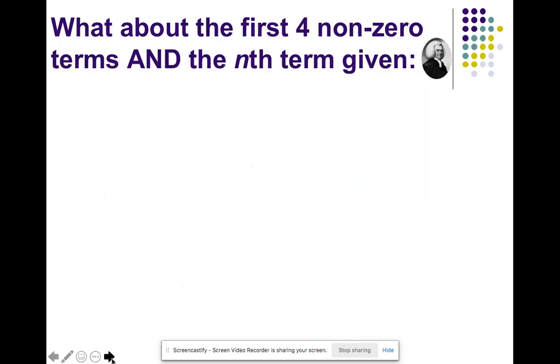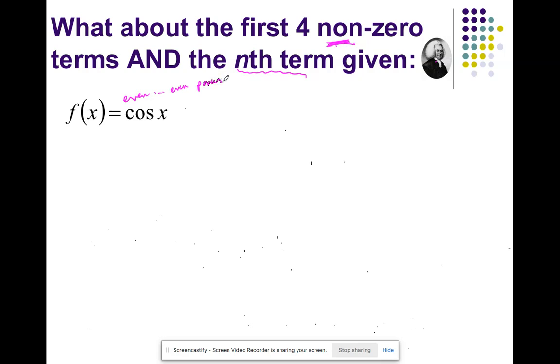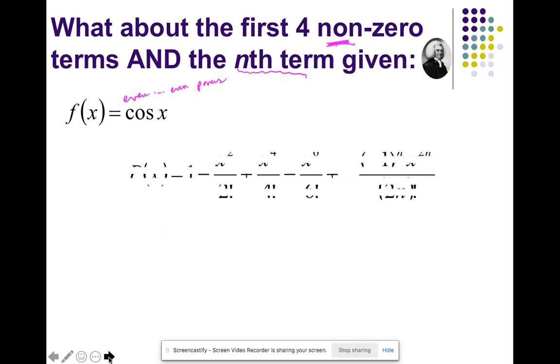especially when you're dealing with not geometric. So what if I ask you for the first 4 non-zero terms and the nth term of this function, and I'm telling you it's Maclaurin. So cosine, we built that in the previous video, and I said cosine was even, so keep all the even powers, knowing that all the odd powers are zeros.